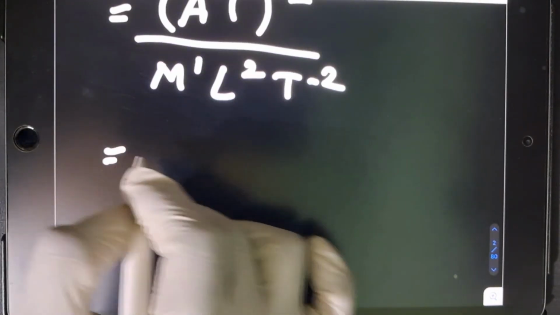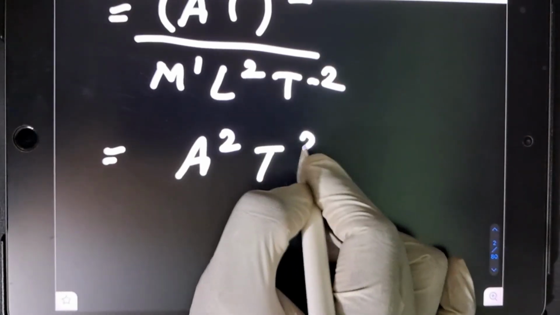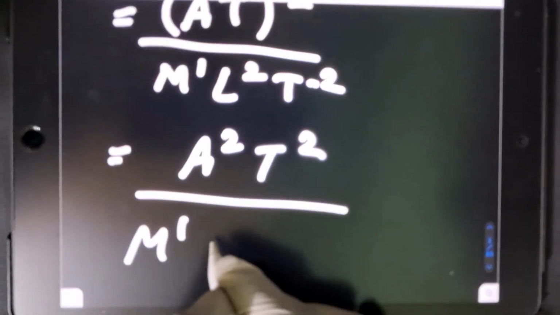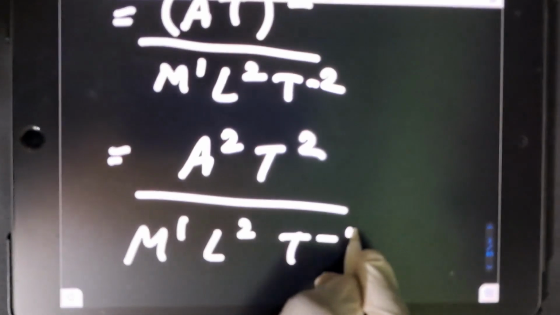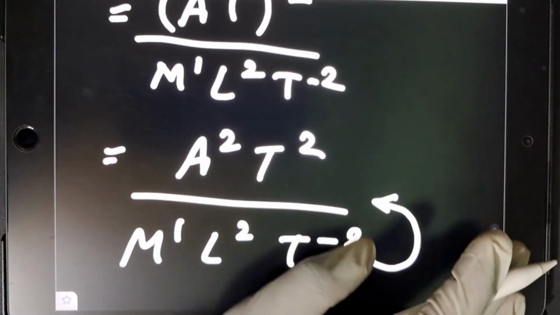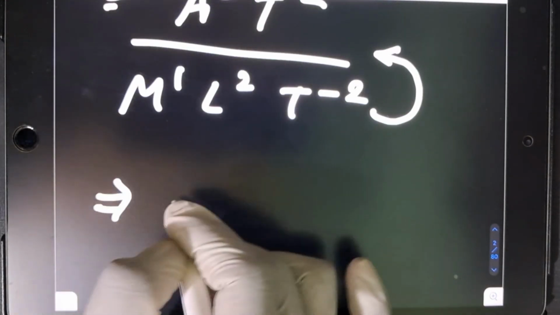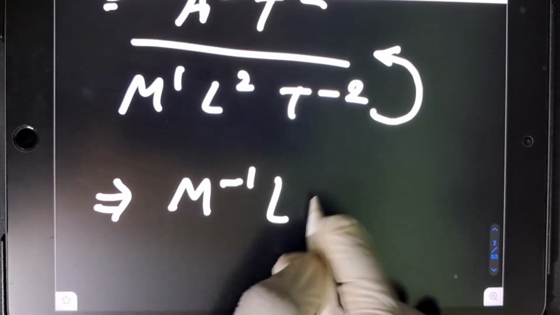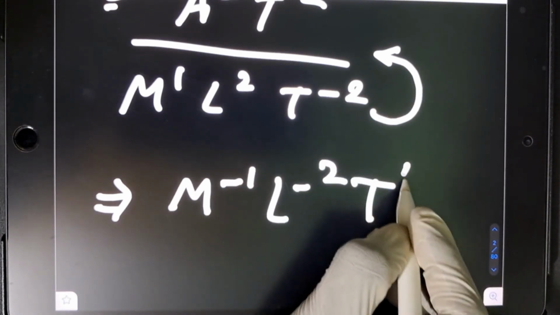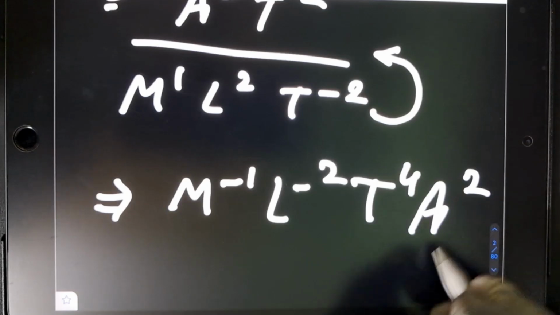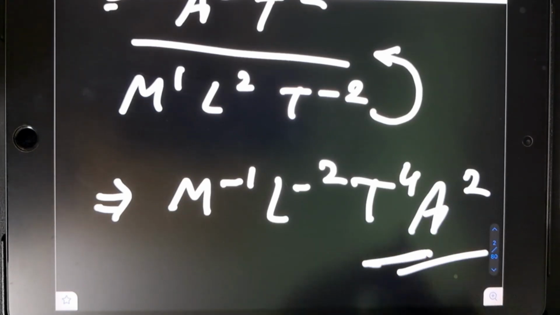Charge is equal to current into time, AT. A square T square by M1 L2 T power minus 2. So on reciprocal we get M power minus 1, L power minus 2, T power 4, A power 2 is the dimensional formula of capacitance.